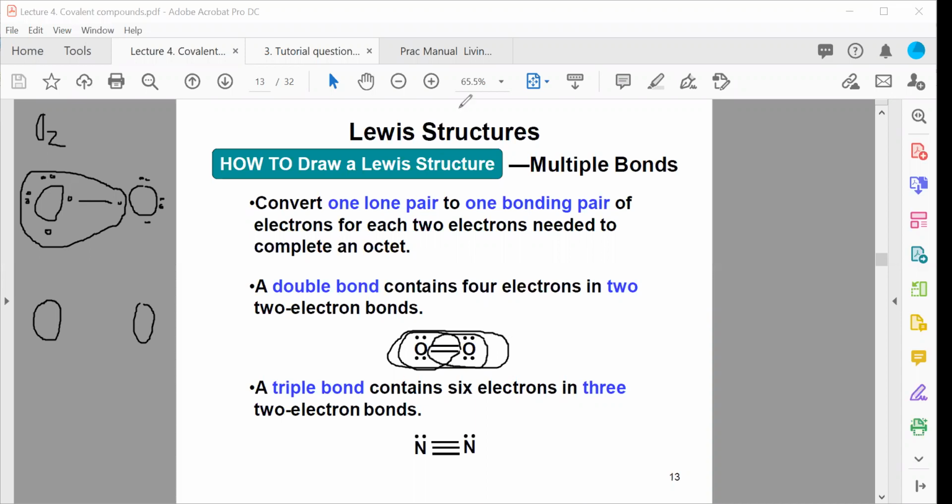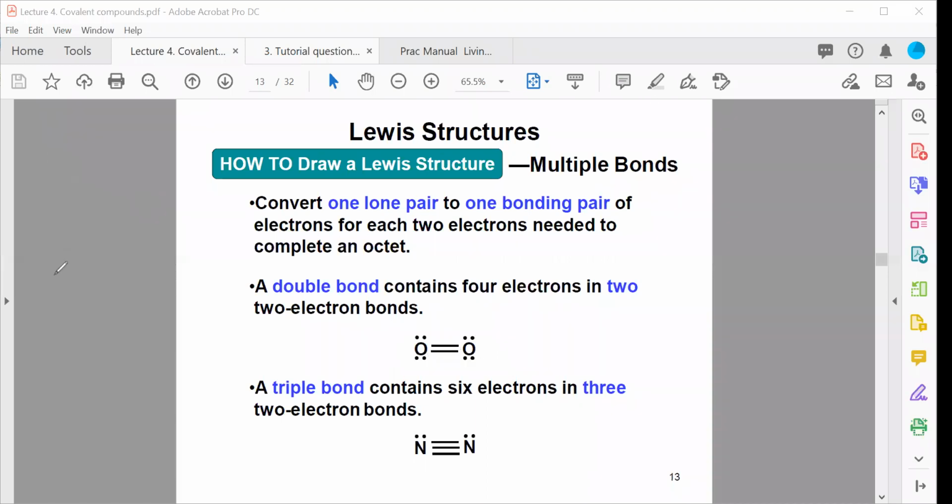Good. All right, let's do the same thing now for nitrogen. Okay, so nitrogen, N2, diatomic nitrogen or molecular nitrogen. How many valence electrons for nitrogen?